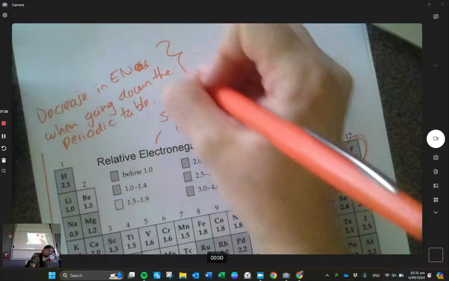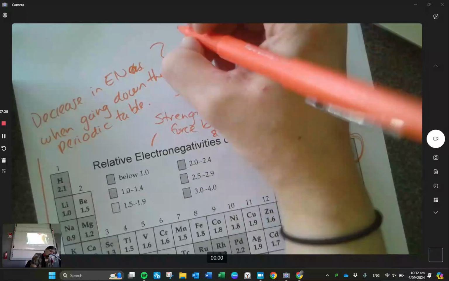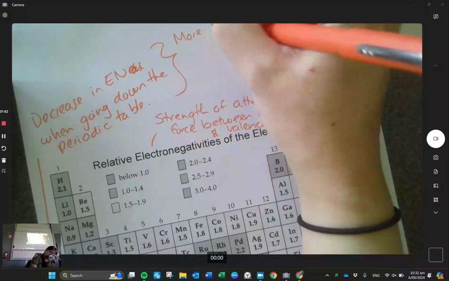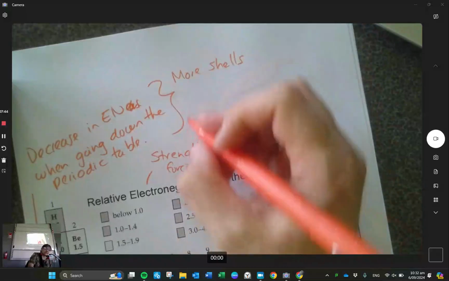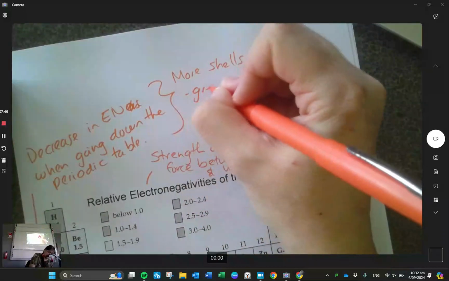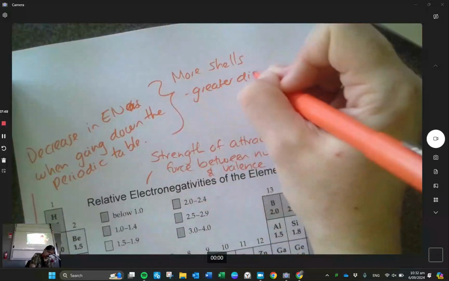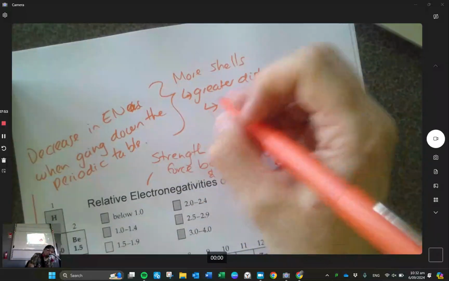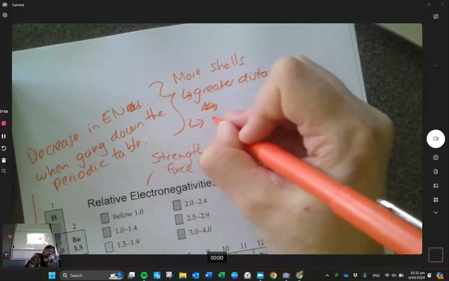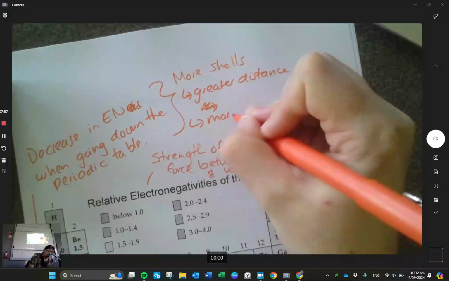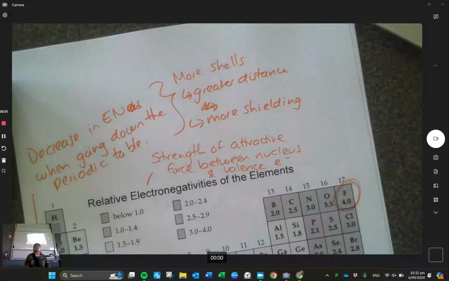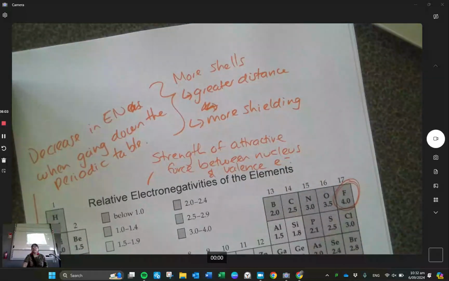This is the result of more shells being added, so we have a greater distance, and the other thing is we have more shielding. So that's going to influence our electronegativity.